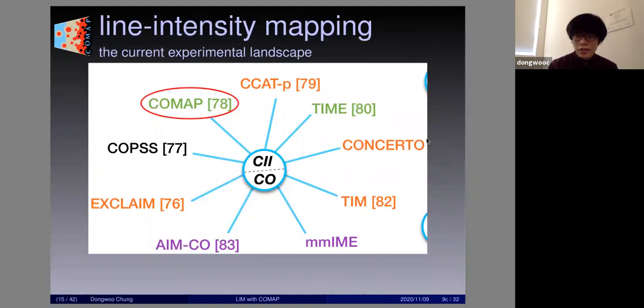I haven't heard anything about the GBT array. What I will mention, going back to this diagram here, is you have experiments like COPS and mmIME, where Garrett Keating, over at CfA now, has played a significant role in each of these.